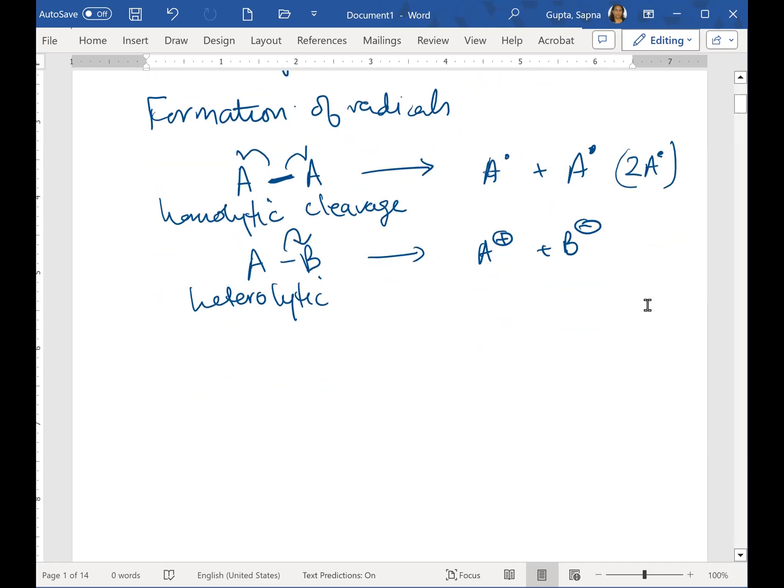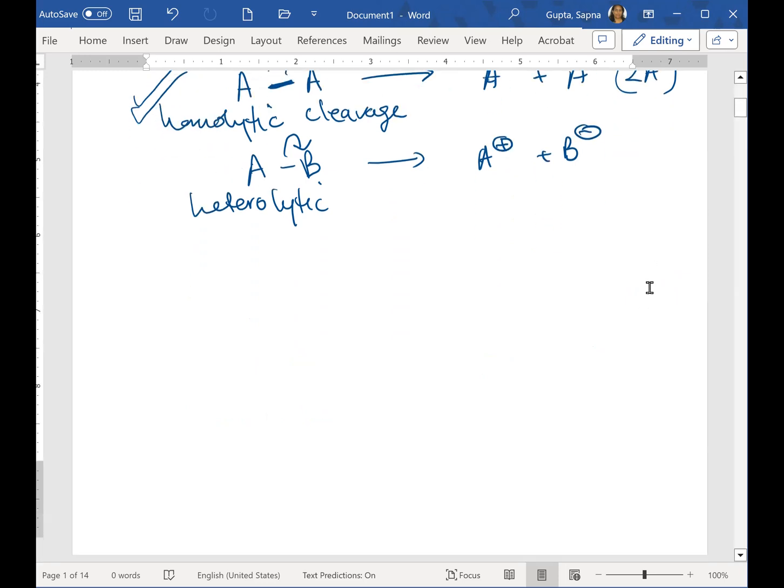So homolytic cleavage is really what we're talking about for radical formation. So which means that the homolytic cleavage is what we will be talking about also as we go forward, how that works, okay? But I will get to that also in a few minutes, but I'm going to talk about some other things also, which are a little bit easier to remember, okay? So we can get that out of the way.